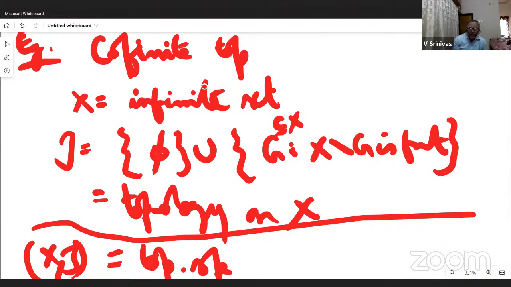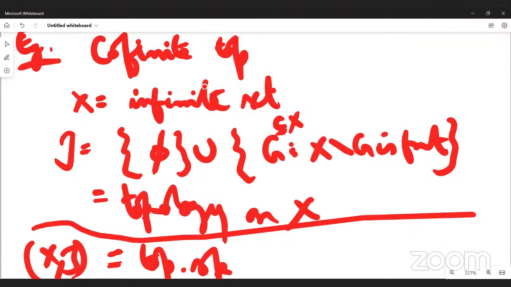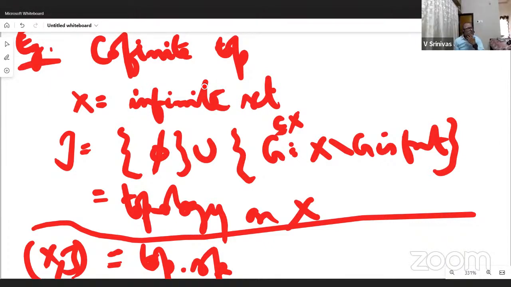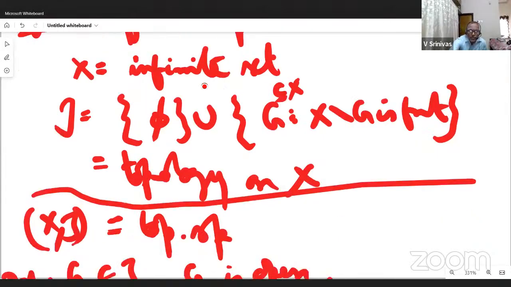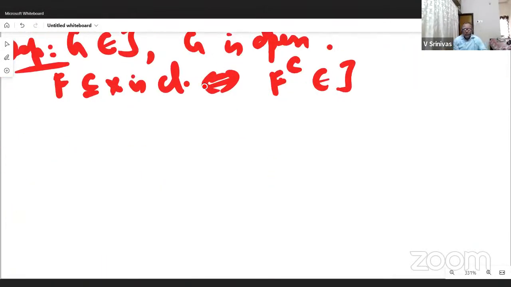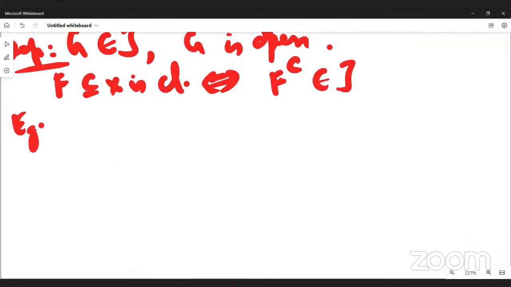Similarly, you can replace infiniteness by uncountability, and replace finiteness by countability. Then you get the co-countable topology. Example: co-countable topology.